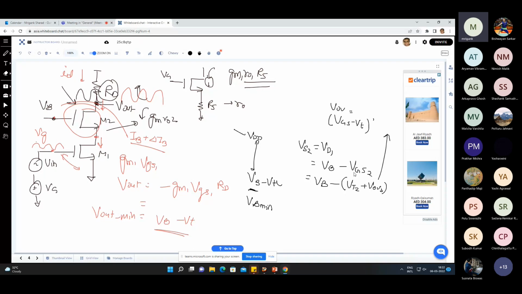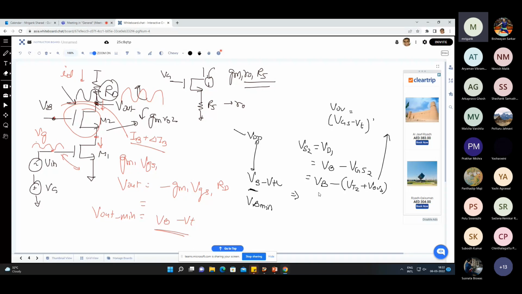So VGS2 is VT2 plus V overdrive 2. Is this clear? Yes, this is clear. VGS2 equals VT2 plus V overdrive 2. Yes, sir.